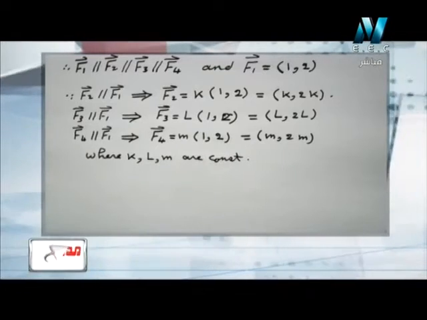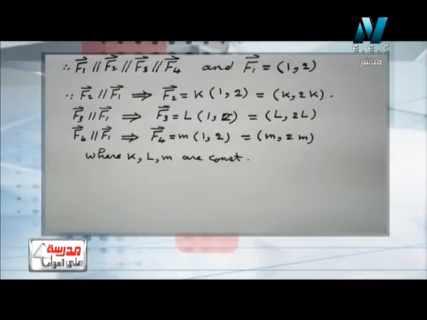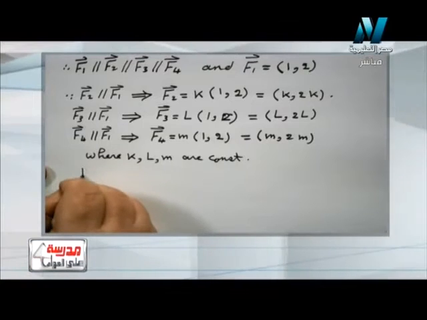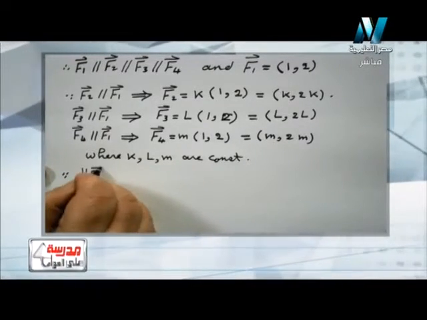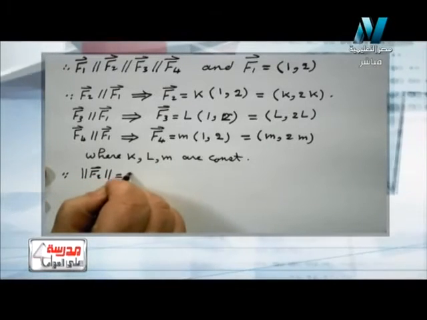This first. He says that also the norm of F2 vector equals 2 root 5.